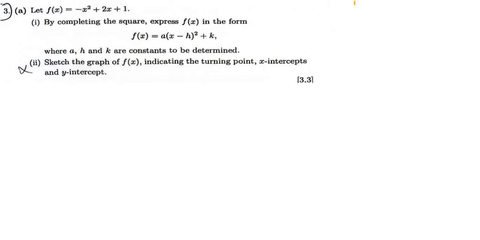Okay, so let's first start with the first one. When we're dealing with the completing square method, you first have a function in the form of ax squared plus bx plus c. So you always factor out a. In this case, a is negative 1, so I'll factor out negative 1.